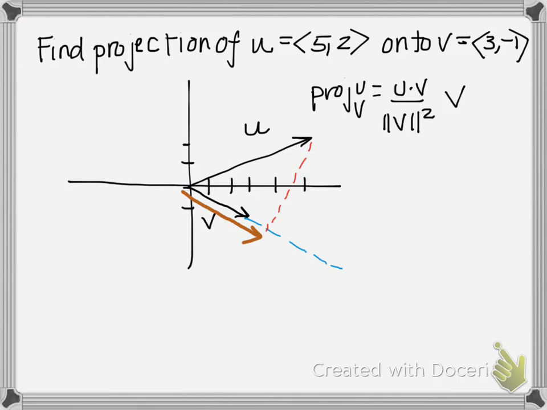So the dot product just comes out to be a number, not a vector, just a number. The magnitude is just a number. So I'm going to have a number over a number here, and then I'm going to multiply that by this vector. And a vector times a number is going to be a vector. We call that a scalar multiplication, right?